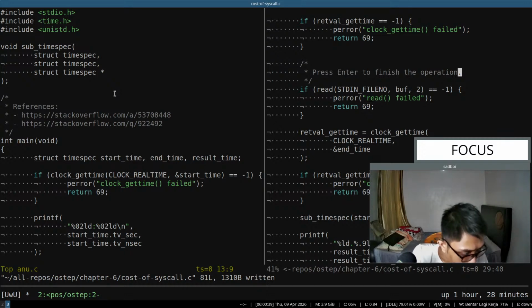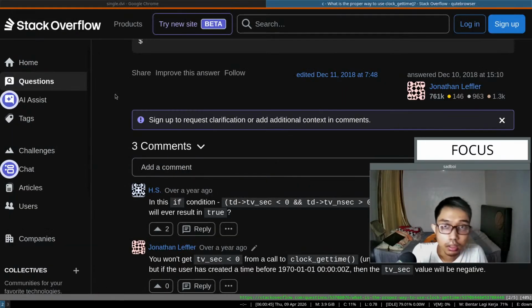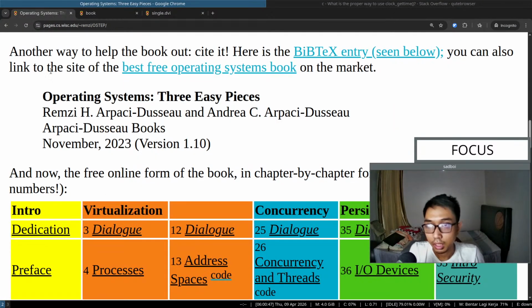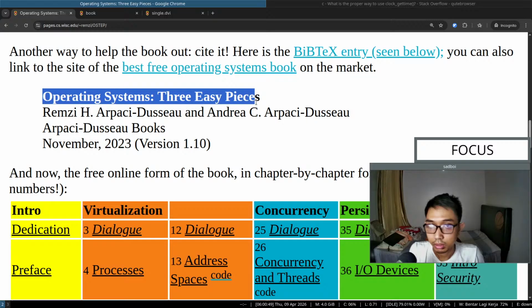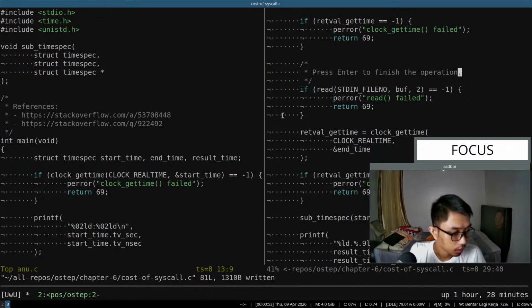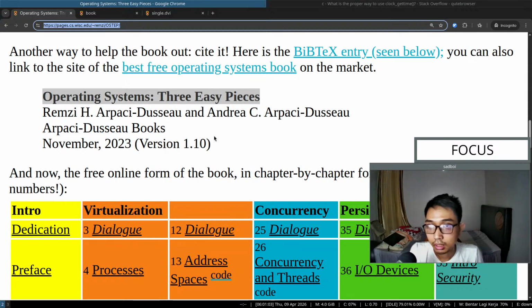Hello, copy. Welcome. What are you doing? Well, I'm currently reading this book called Operating Systems: Three Easy Pieces. Let me copy this in the chat. You can also take a look at the description. I put some resources there.